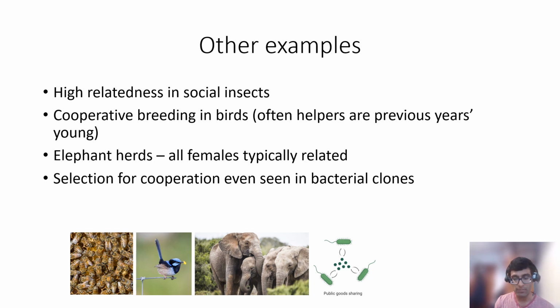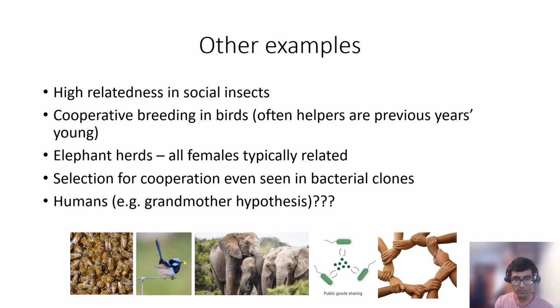So it's unsurprising that there's selection for cooperation there. And arguably, even in humans, the grandmother hypothesis suggests that a reason for the female menopause, the impossibility of women breeding after a certain age, is that it actually benefits them more to look after their grandchildren than to raise more children of their own.